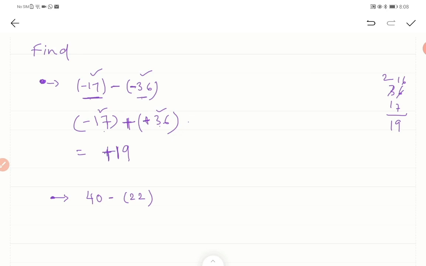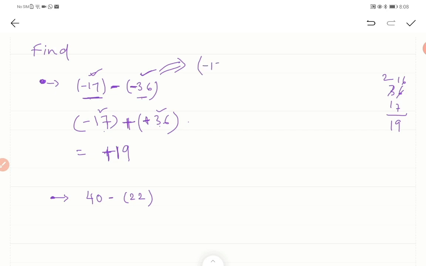Either you can go step by step, taking the additive inverse like that, or else you can also do it directly. So try practicing directly. Whenever you see minus minus, one minus is that you are subtracting these two numbers, but here it is again a negative integer, right? So this minus minus will become plus.